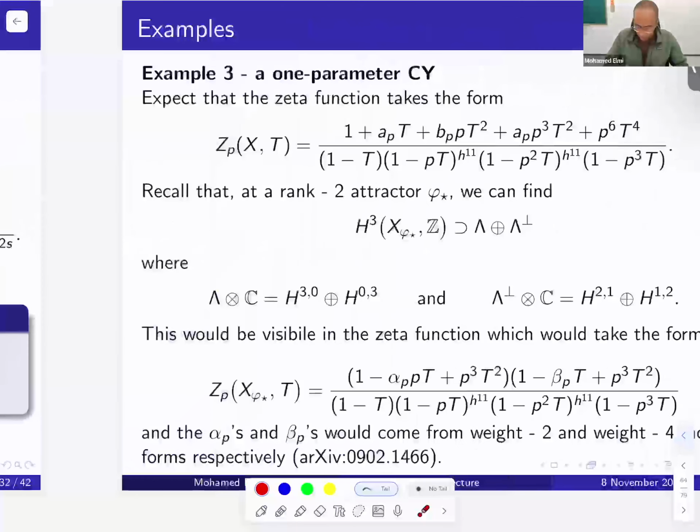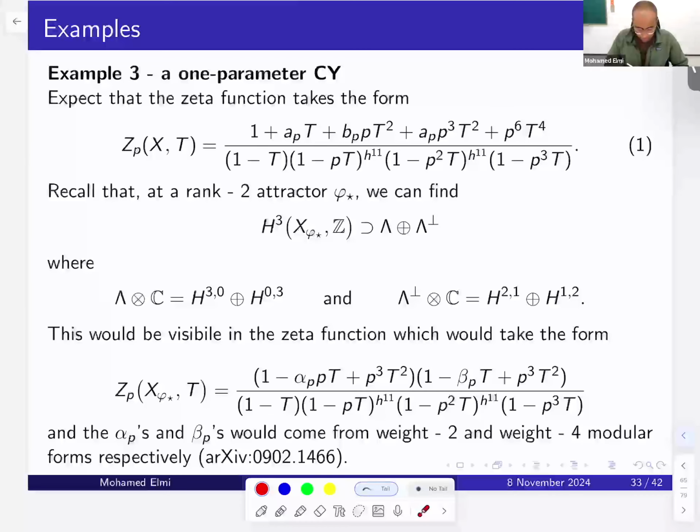But right now I should be quicker and say that the zeta function of a Calabi-Yau threefold with h21 equal to 1 can be shown to be of this form. The really interesting part is this numerator corresponding to h3. So we had b3 is 4. You get a fourth order polynomial in this numerator.